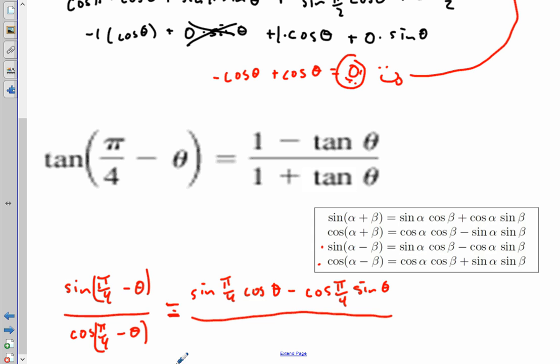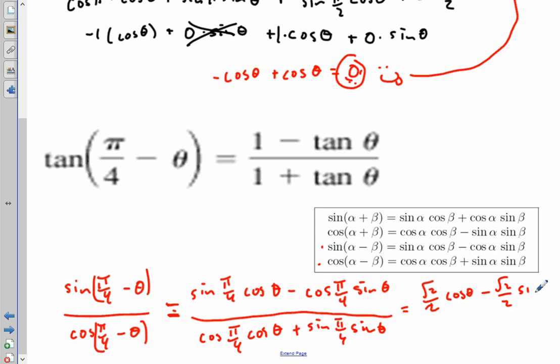So cosine is going to be cosine of pi over 4 times cosine of theta plus sine of pi over 4 times sine of theta. Let's simplify this. Sine of pi over 4 is going to be square root of 2 over 2 cosine of theta minus square root of 2 over 2 sine of theta.